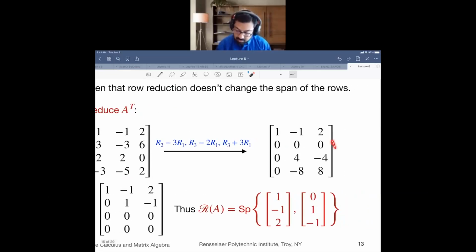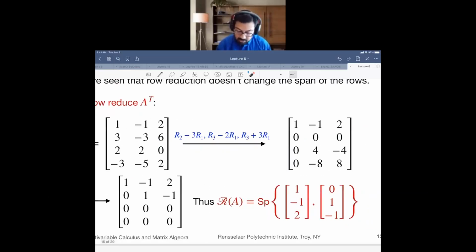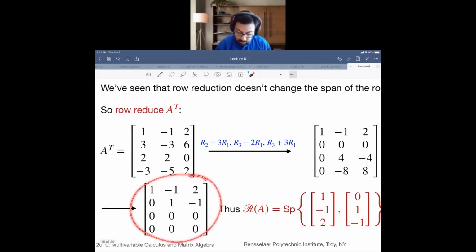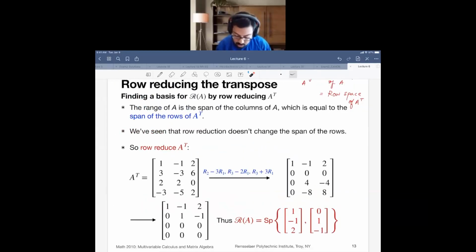What do you have? You have this row reduction. You can go even further to get this. Now if you look at this, what is the row space here? Row space has 1 and 2. These are the two vectors in my row space. So the span of these two vectors is going to define the range, right? So the range of A has two vectors.